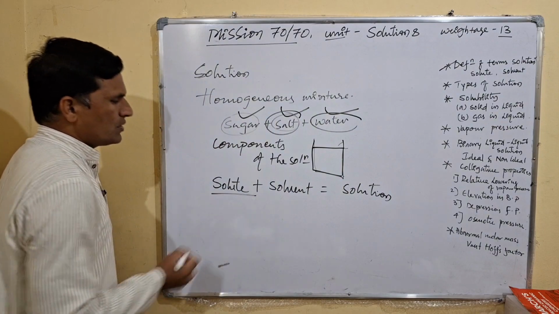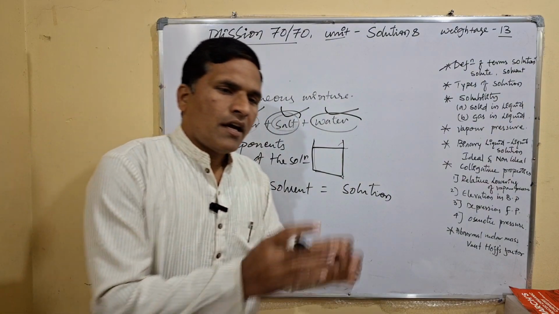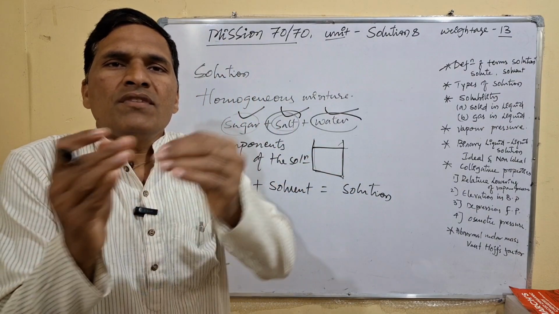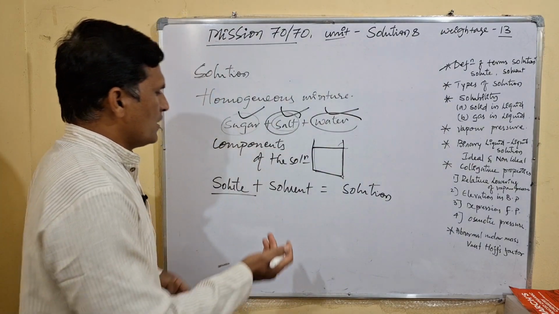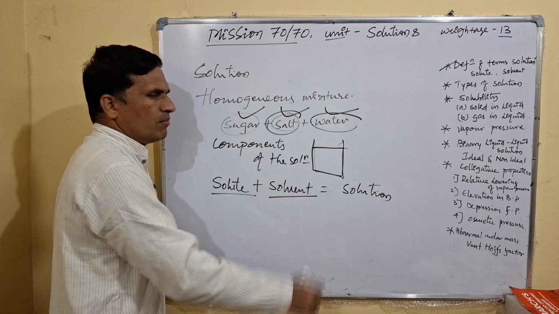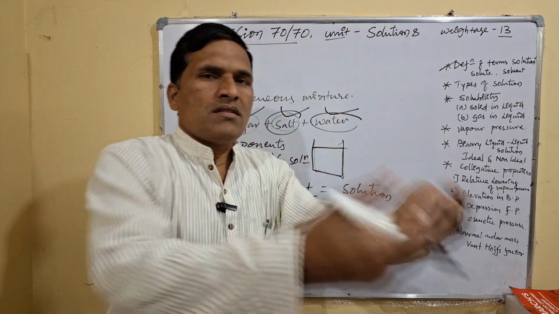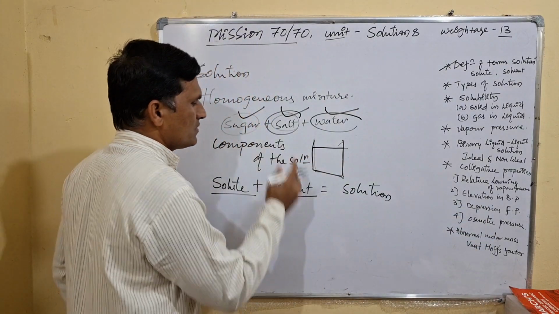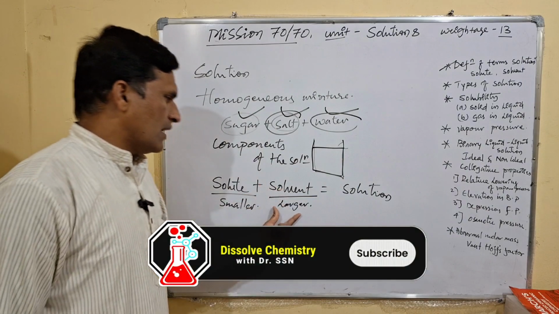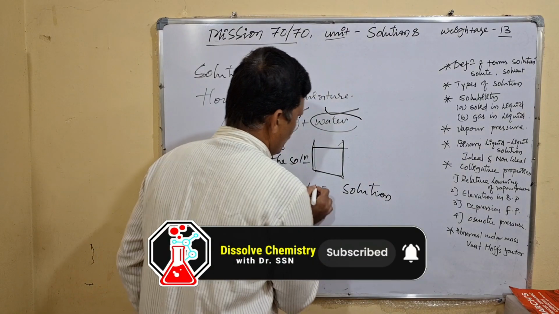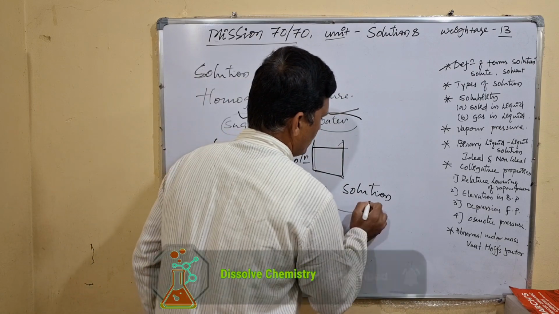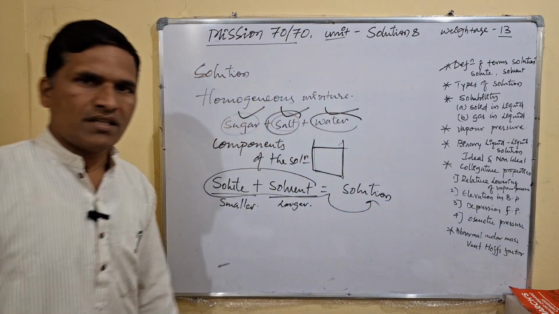Then what is this solute? Any component of the solution which is in a lower quantity is said to be the solute, and any component of the solution which is in a larger quantity is called the solvent. So larger quantity is solvent, smaller quantity is solute, and both put together we call the solution. I hope you have understood.